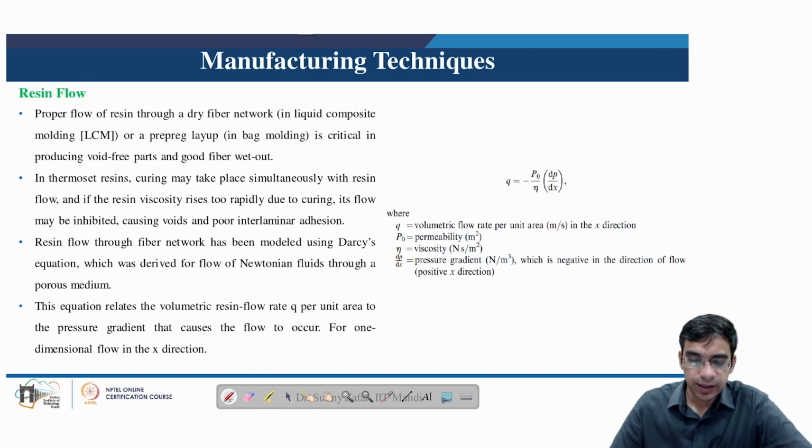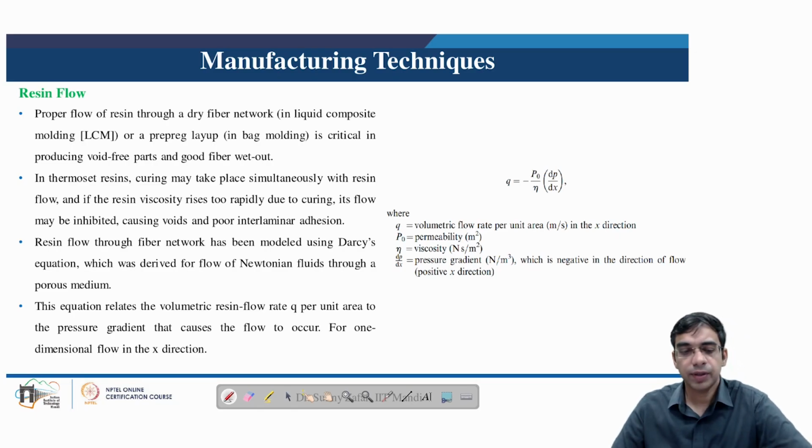So next is the resin flow. Resin flow is another important aspect because proper resin flow is desired through the dry fiber network. This is especially important in case the liquid composite molding techniques are used, which we will discuss in the next few lessons.